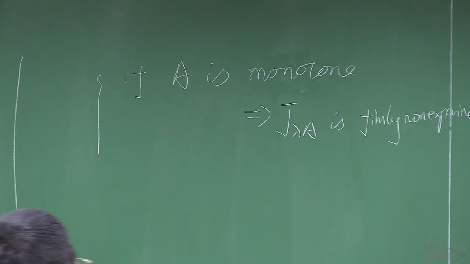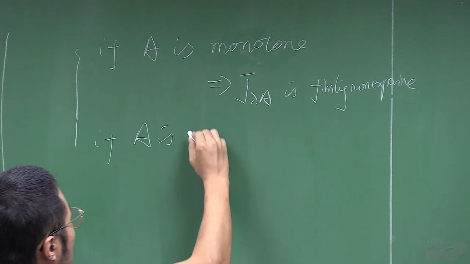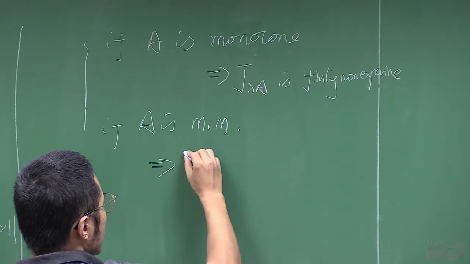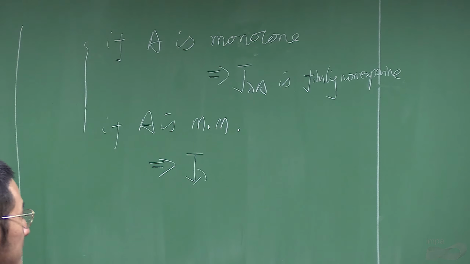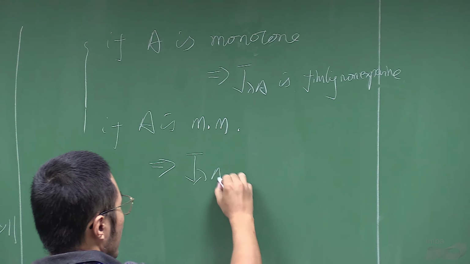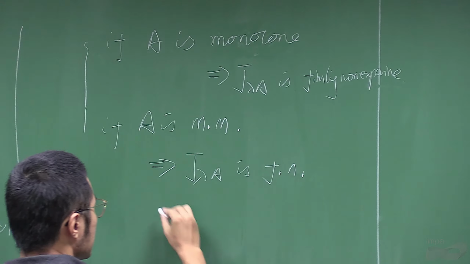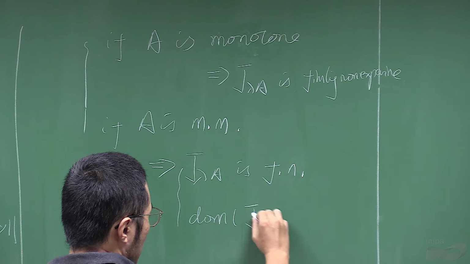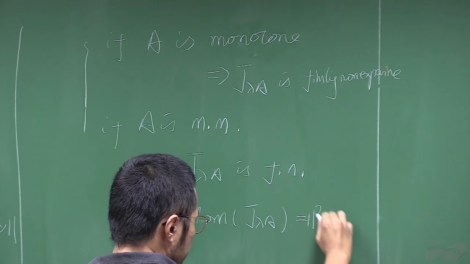Furthermore, if the operator A is maximal monotone, we can also prove two conclusions, actually. First, the resolvent is, of course, firmly non-expansive, and the domain of the resolvent of operator A is the whole space.